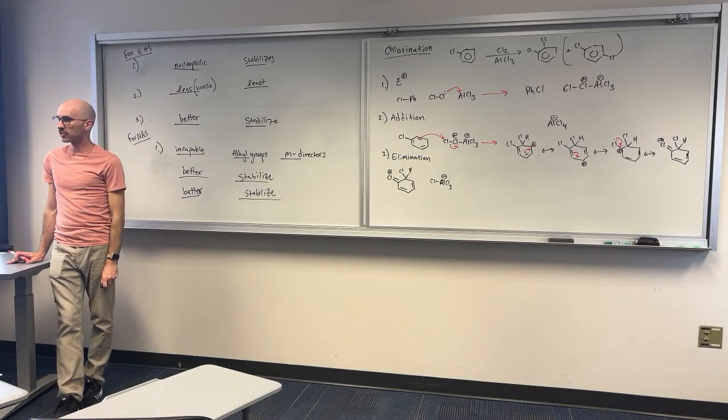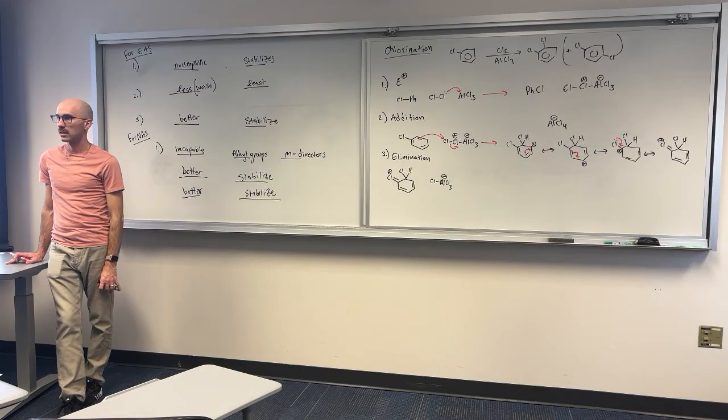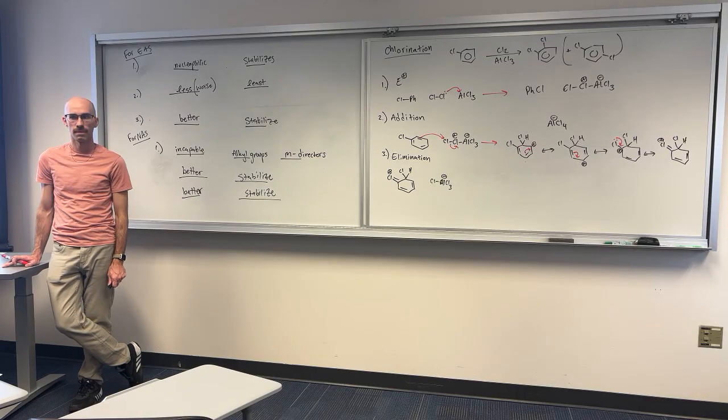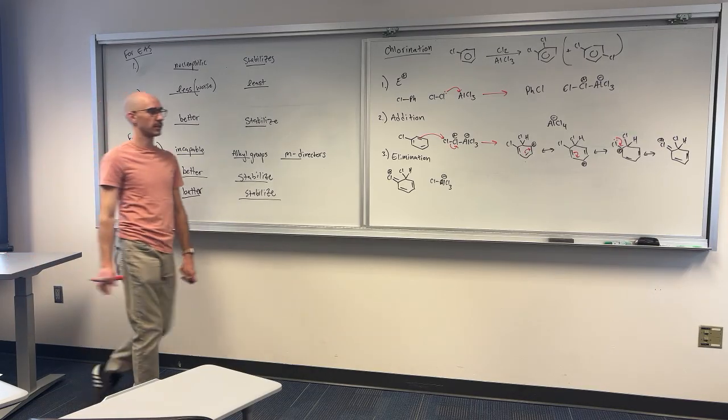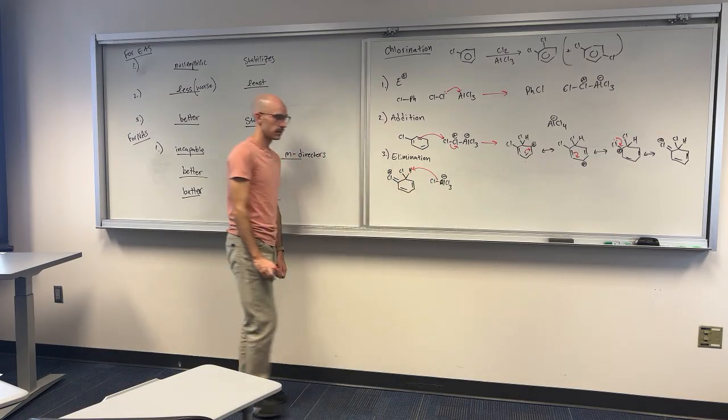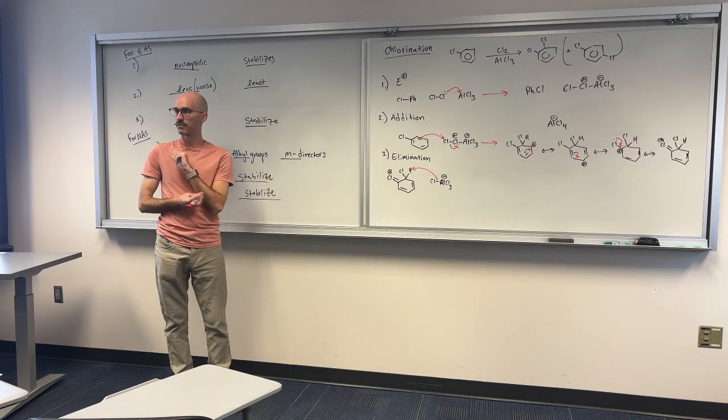Last step is elimination, just like last time. Where do I start my electron arrow? Not from the chlorine atom. Good. From the aluminum chloride bond. Takes my hydrogen.